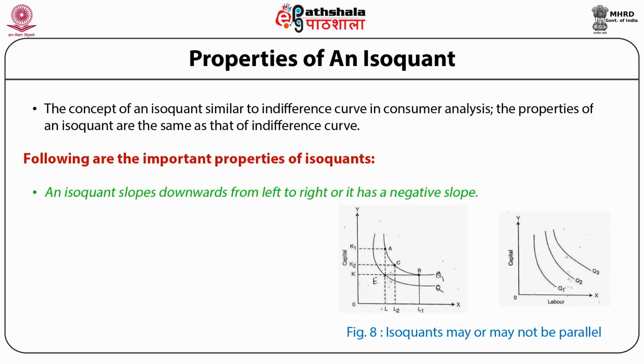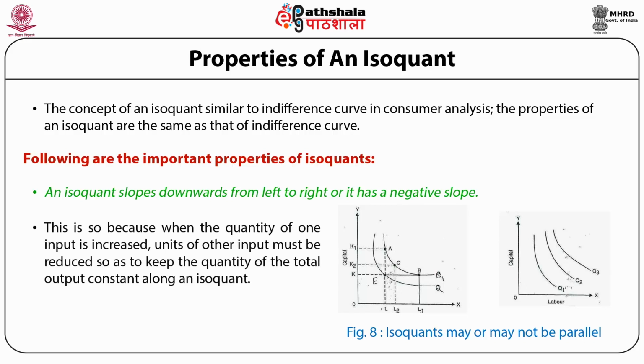An isoquant slopes downward from left to right, or it has a negative slope. This is so because when the quantity of one input is increased, units of another input must be reduced so as to keep the quantity of the total output constant along an isoquant.